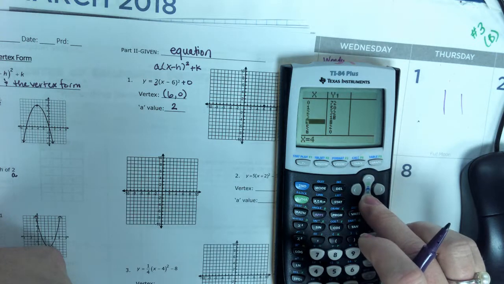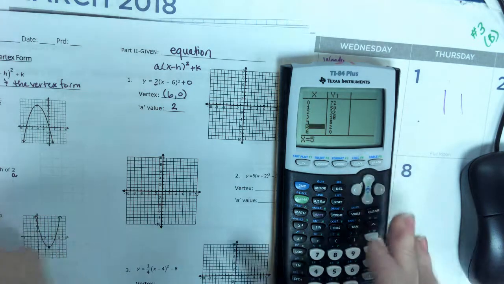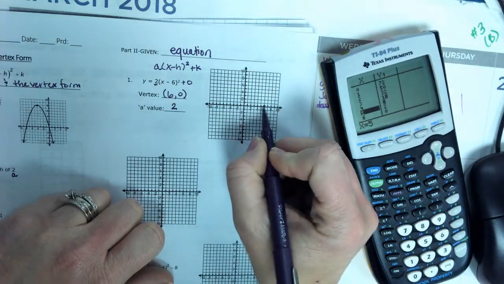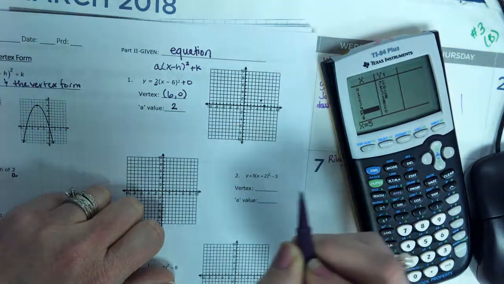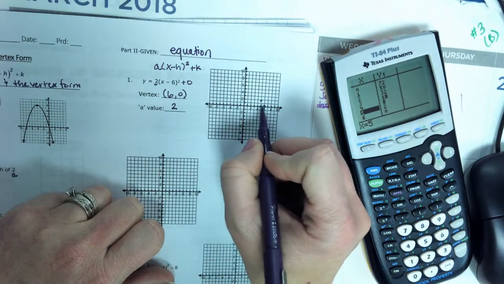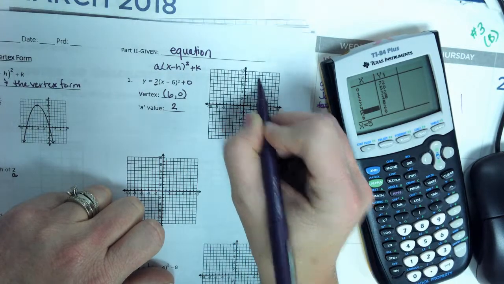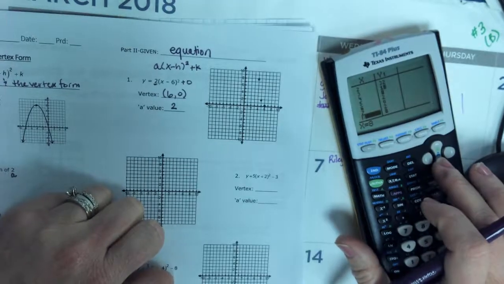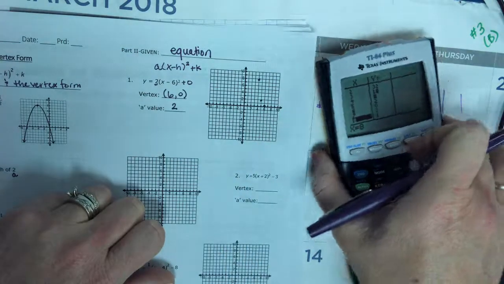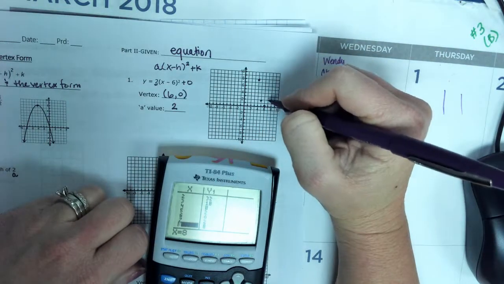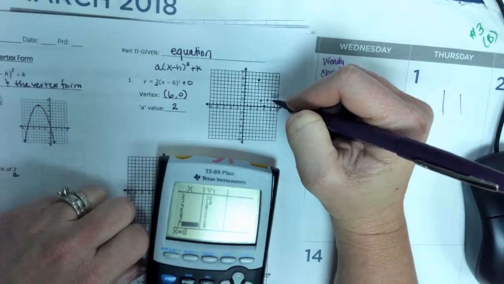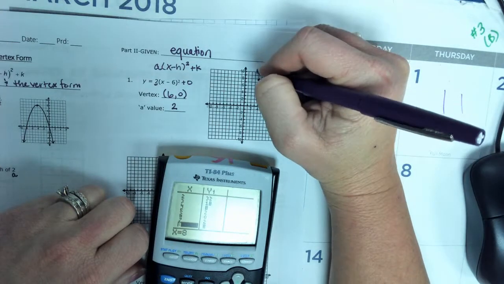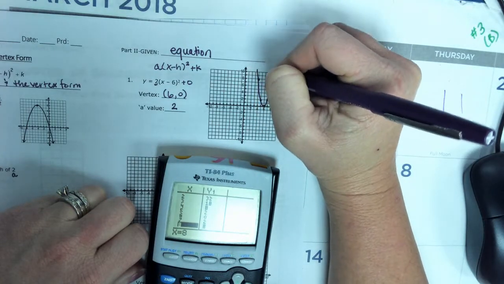And let's see, I know I can plot these points. So 5, I have 5 and 2 and 4 and 8. And then let's see, I have 7, 2, and 8, 8. So my graph would look like this.